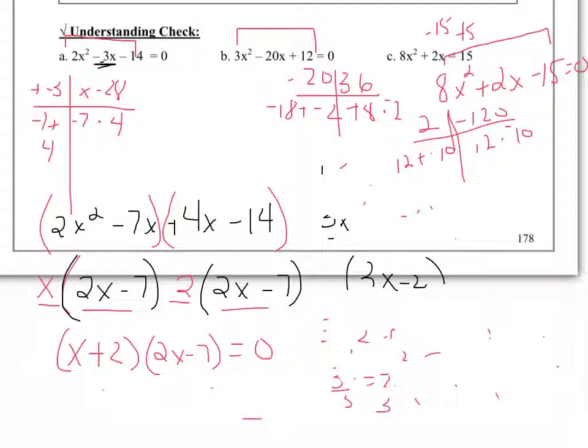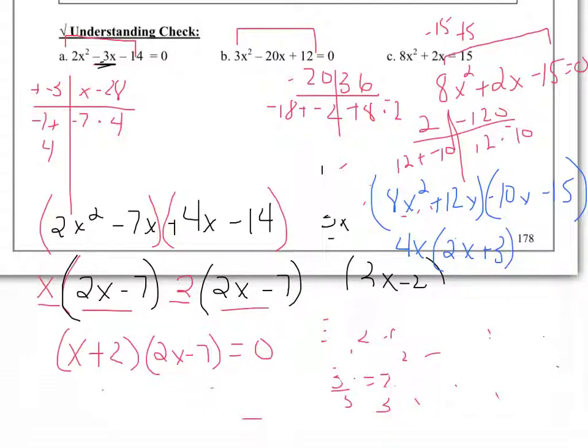Okay, so from here, I'm going to rewrite 8x squared plus 12x minus 10x minus 15, group, and then I'm going to take out the greatest common factor, which in this case is 4x. I'll have 2x plus 3. And in the next term I can take out negative 2.